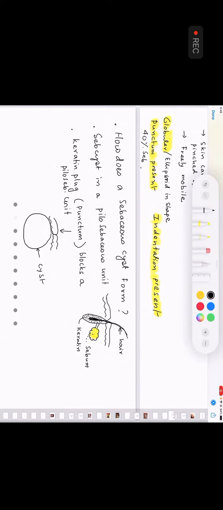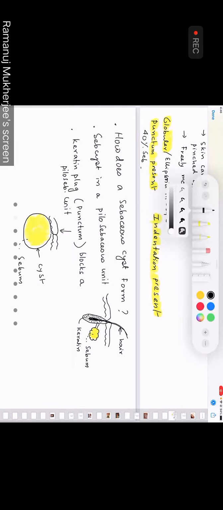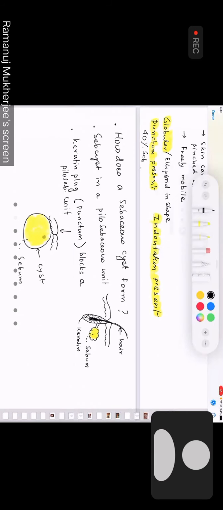The cyst will now contain two ingredients. One, it will contain some amount of sebum. The yellow colored material is the sebum. And it will also contain some amount of keratin.